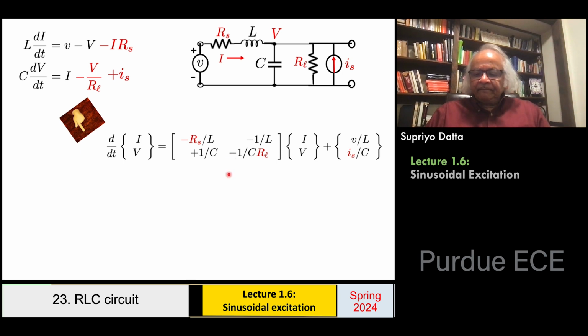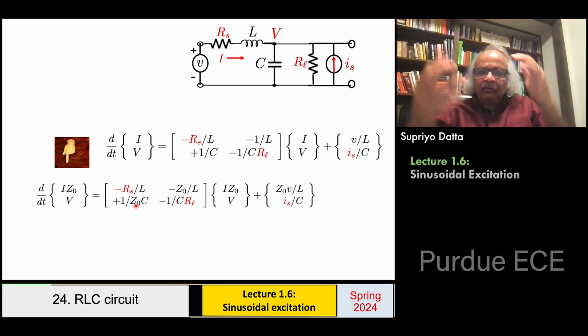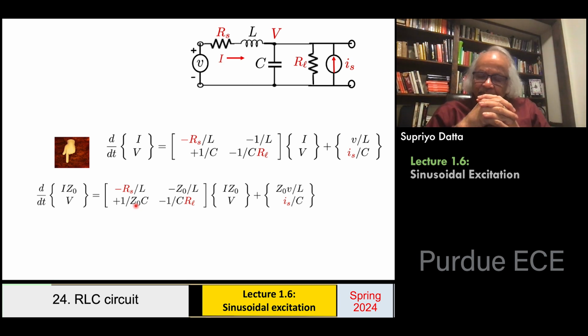So we get here. Next, remember, we have to scale the variables so as to make these off-diagonal terms equal. And the way we do it is, instead of I, we multiply it by IZ0. And that gets a Z0 in here, and also in the denominator in here. And this stuff is exactly like what we had done in lectures 1.3 and 1.4.